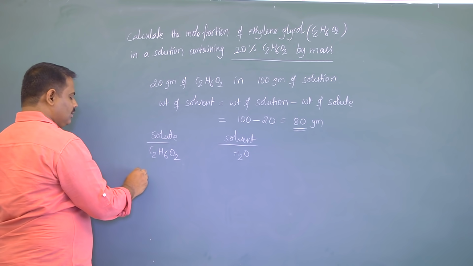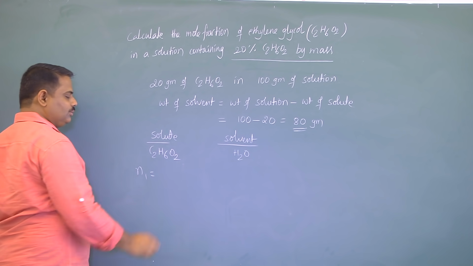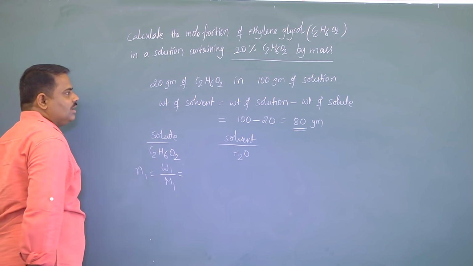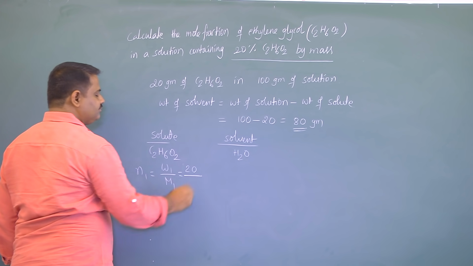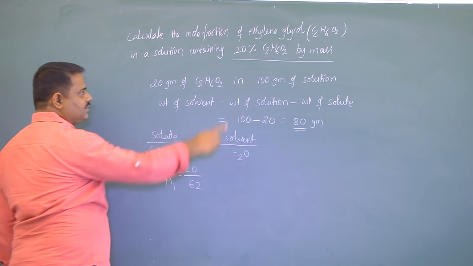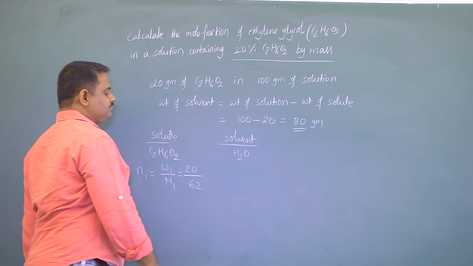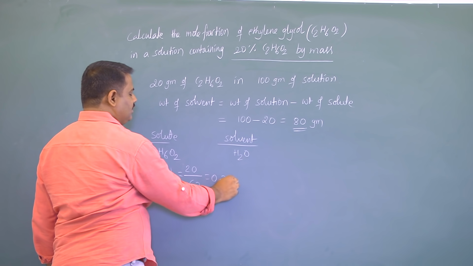Now here, number of moles of ethylene glycol is equal to W1 by M1. What is the weight of ethylene glycol? 20. And molecular weight of ethylene glycol is 62. We can calculate from the molecular formula. And the value is 0.322.